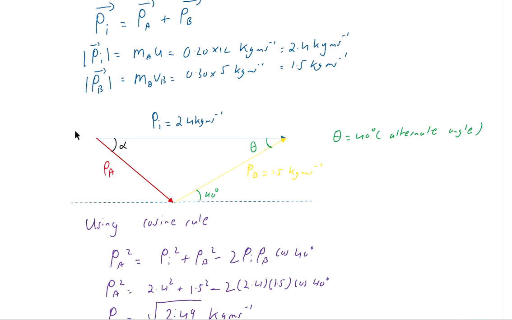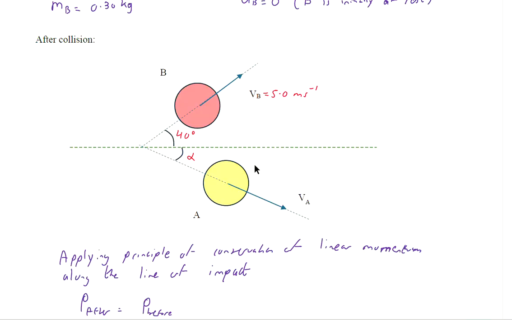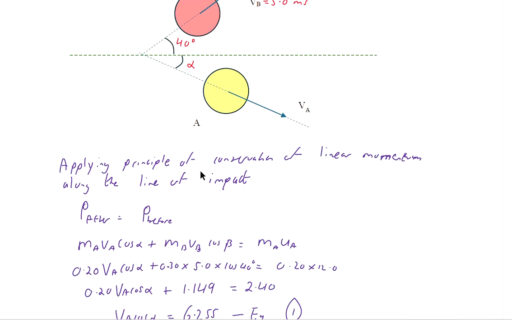Now, initially, momentum of A is along the line of impact. From the problem here, we know that B is going to be moving at an angle of 40 degrees from the line of impact and A at an angle alpha.